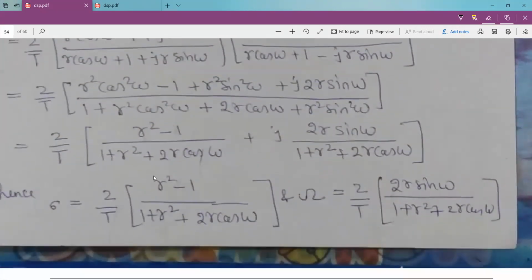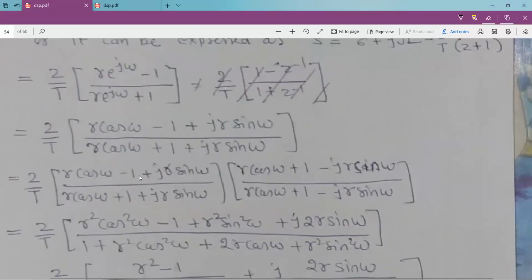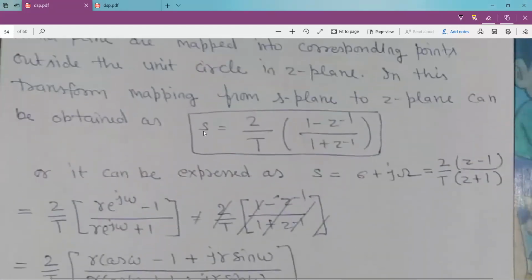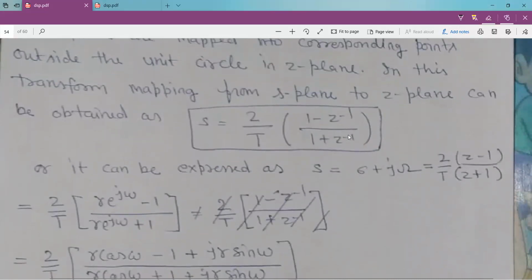When we equate the right hand side and left hand side, the real part gives sigma equal to 2 by T times (R square minus 1) upon (1 plus R square plus 2 R cos omega). The other relationship is the analog frequency, capital omega equal to 2 by T times 2 R sin omega upon (1 plus R square plus 2 R cos omega). So we are getting two relationships after putting the open form of real and imaginary parts of both these complex numbers.